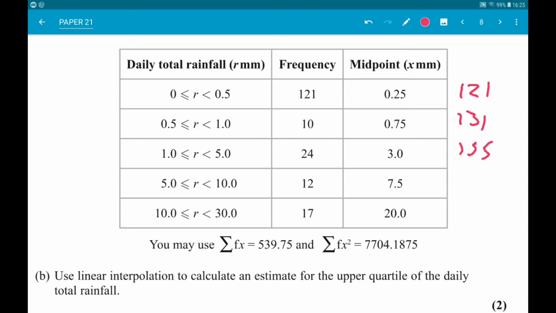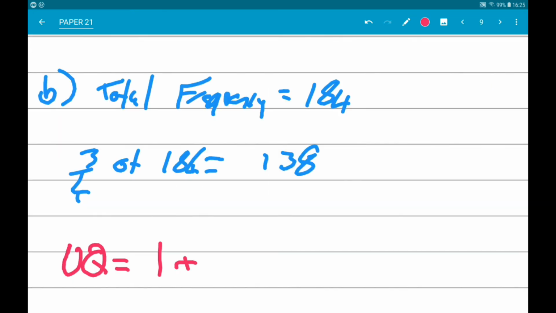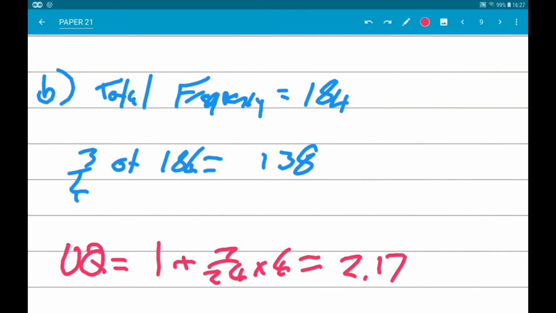So, we're going to have 1 add 7/24 times 4. And that gives us 2.17. And now because that's rainfall, it's millimeters.